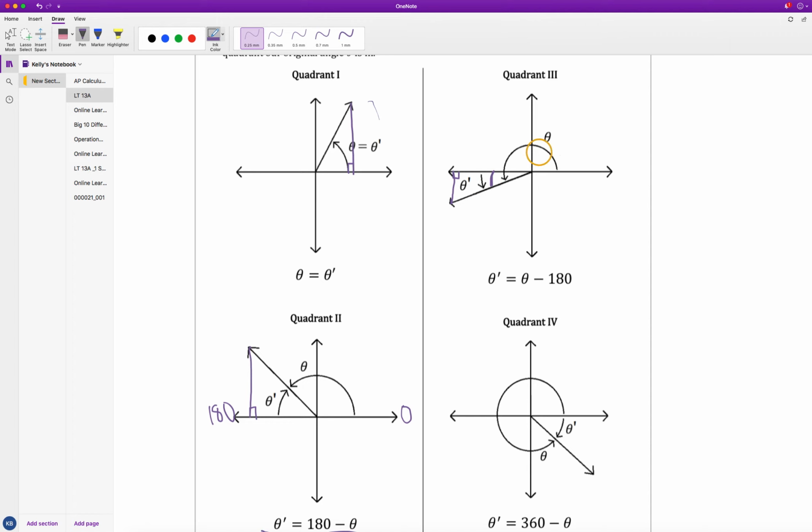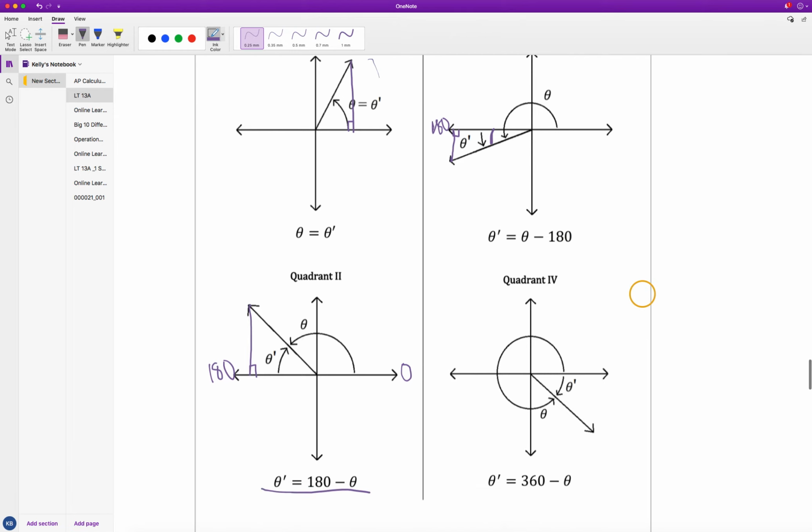Well, theta that I originally started with, my original angle, is kind of incorporated into theta prime, but theta prime is a much smaller value. So my original angle goes all the way to 180, and then it goes a little bit past. Well, I just want to know what the little bit past 180 is, so my reference angle this time will be theta minus the 180 degrees that we get.